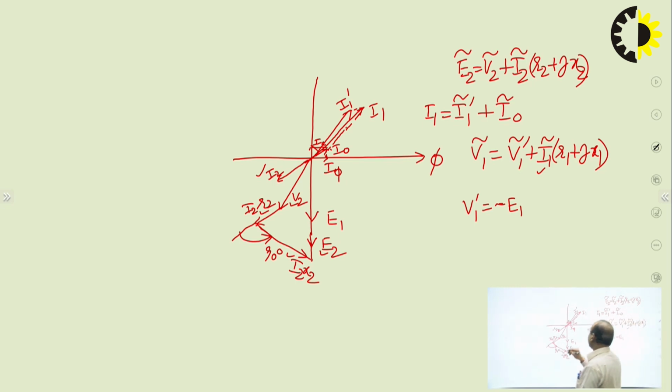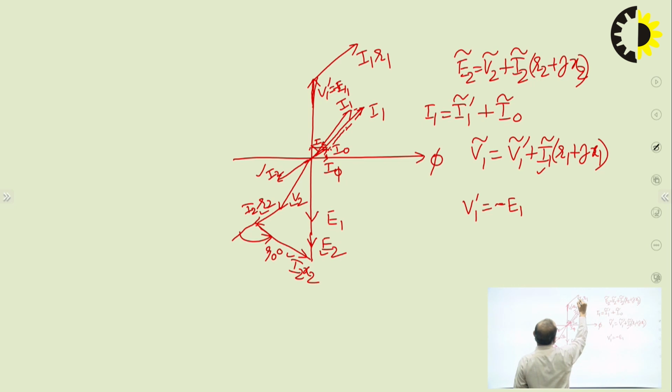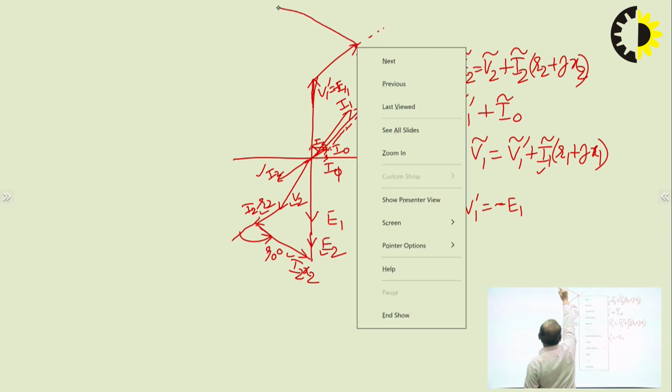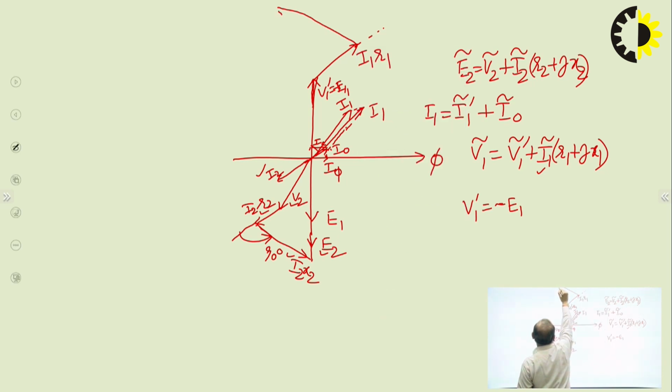In the phasor diagram, V1 dash is opposite to E1 and equal to E1, so V1 dash is this, minus E1. I1R1 will be parallel to I1, since I1R1 is in phase with I1, and I1X1 is leading by 90 degrees from I1R1 or I1, either one, since I1R1 is in phase with I1.